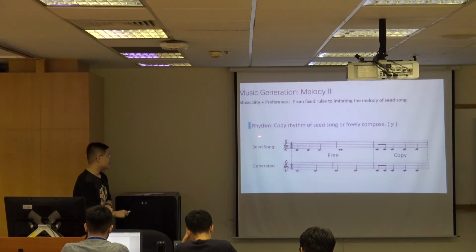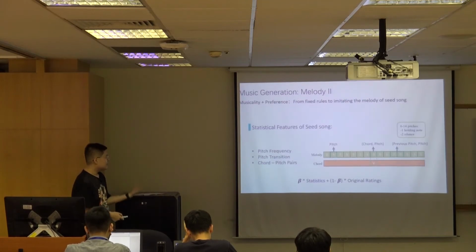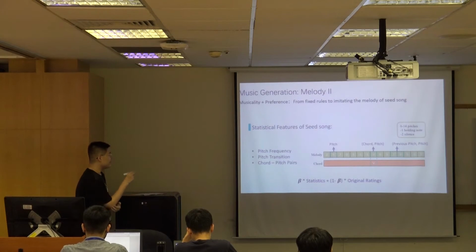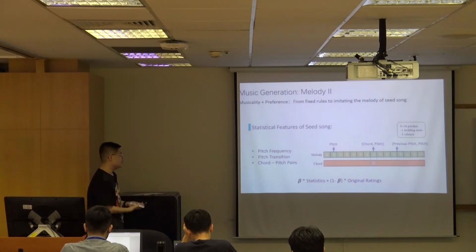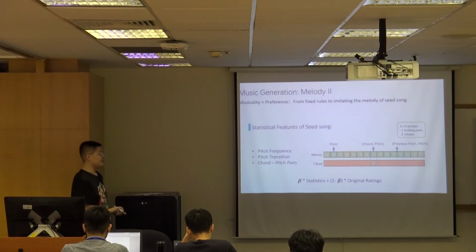And now we have our rhythmic patterns of melody, and we assign them some pitches. Yes, we also have some rules predefined in the baseline model, and that is part of the penalty functions. We also use statistical features of seed songs as other penalty functions.